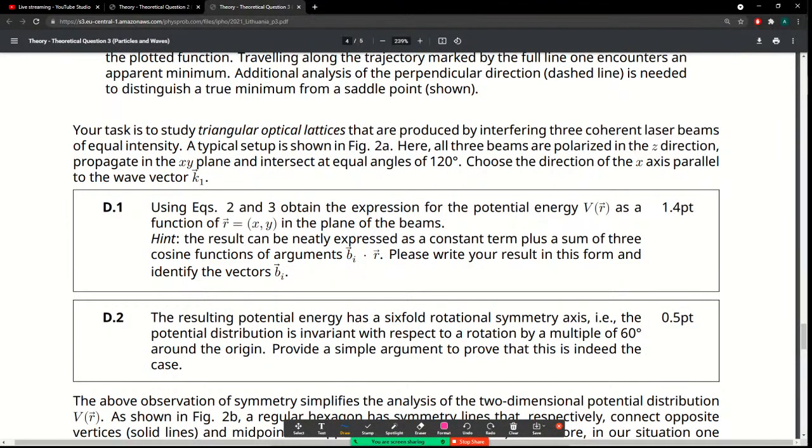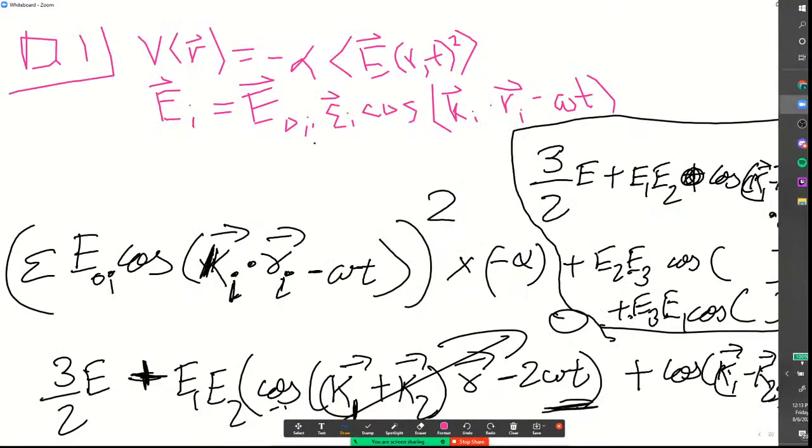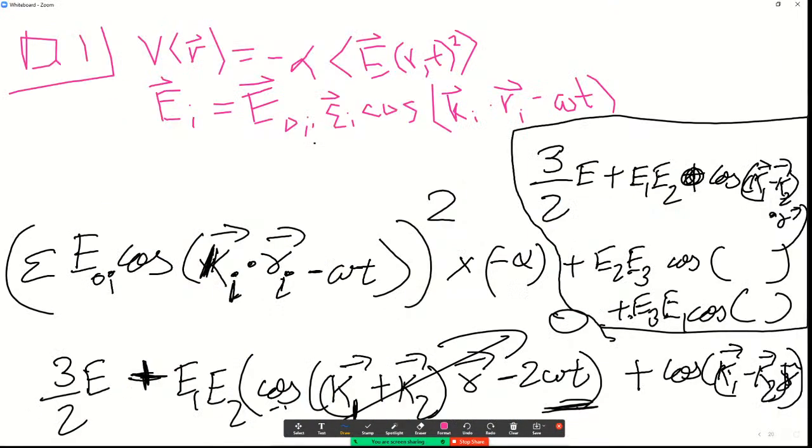Okay, and then we have to write it in terms of the hint. Given the cosine function arguments, yes, we are getting 3 cosines and I guess b is k1 minus k2, or k3 minus k1, or k2 minus k3.